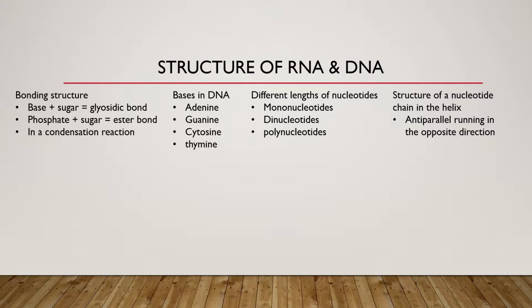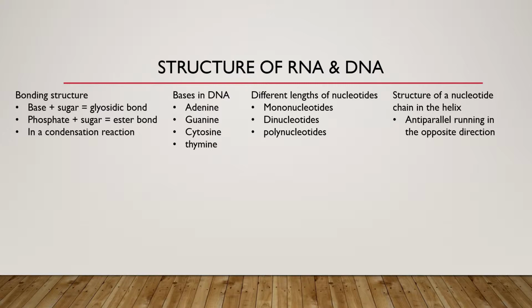Structure of a nucleotide in the helix. DNA, as it's a double-stranded molecule, runs anti-parallel. So basically, you'll have the original strand and the replicated strand, but they run in opposite directions.